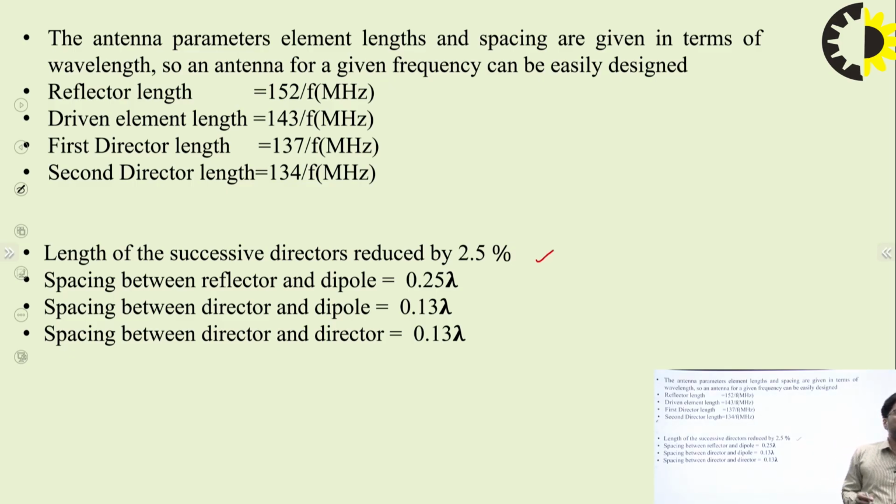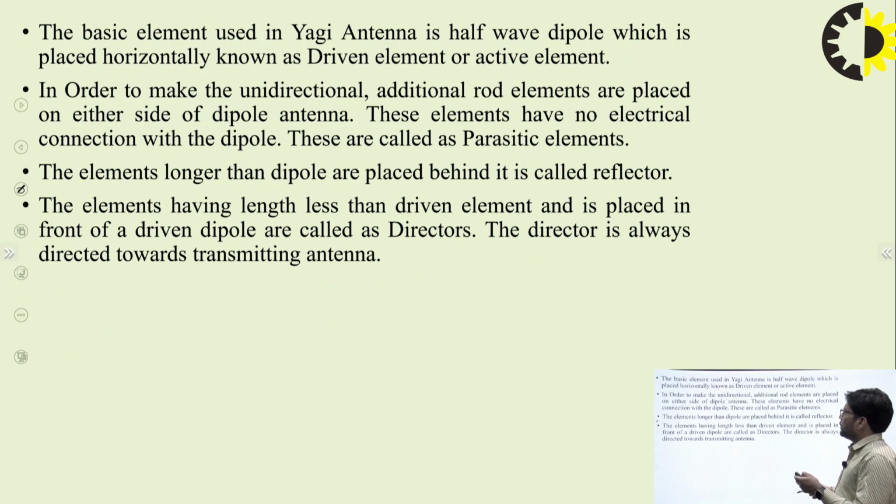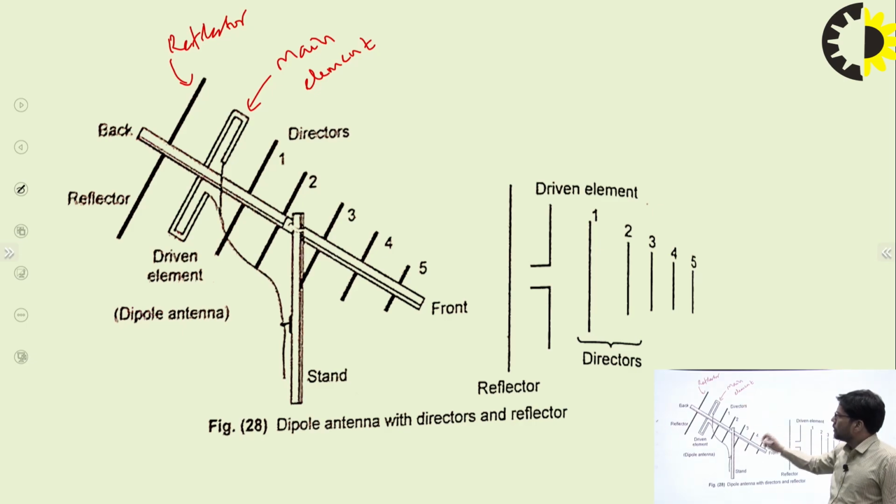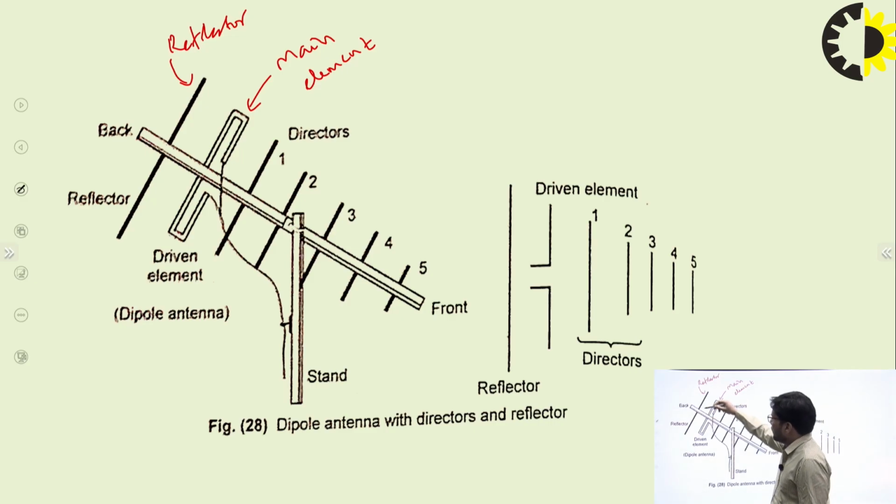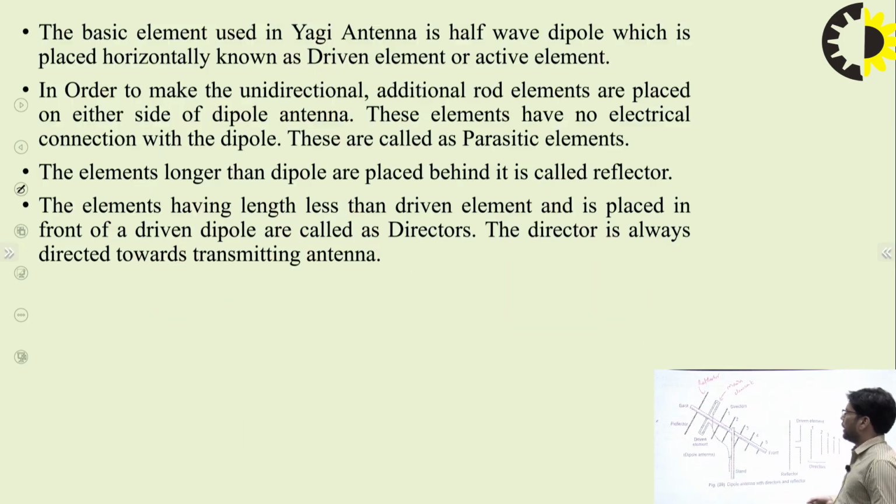If you design this Yagi-Uda antenna, some parameters come into your mind: the spacing between the directors and the spacing between the reflector with respect to the main radiator are important design parameters to decide the directivity of the antenna.